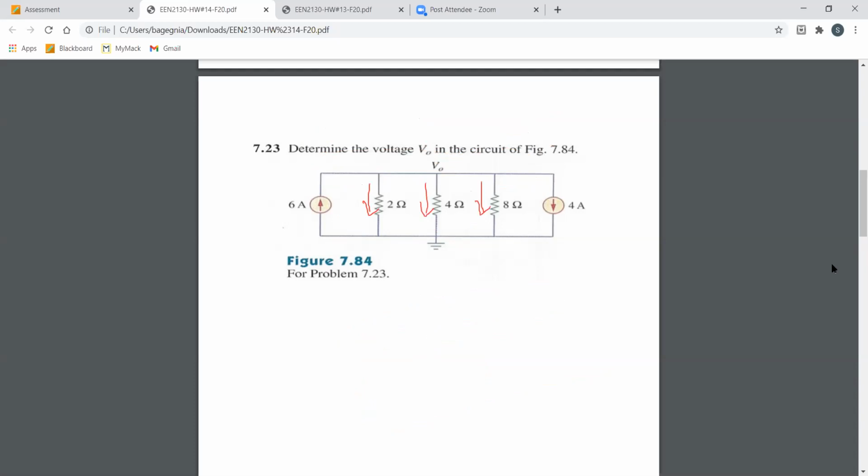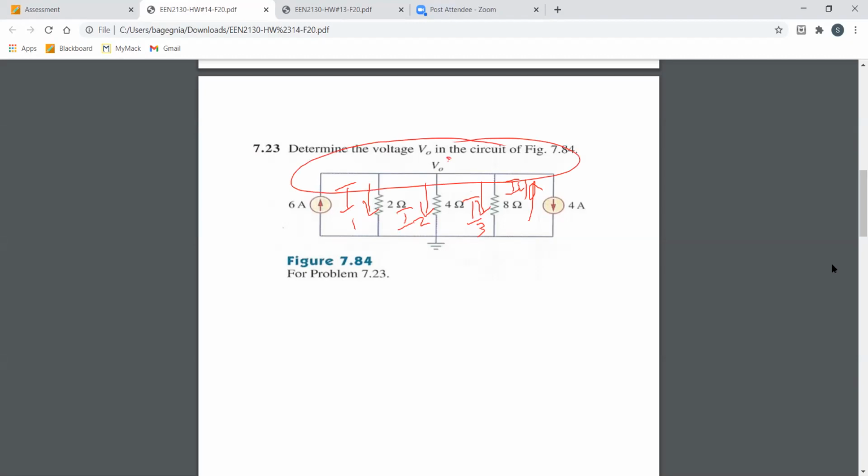There's no wrong in how you assign it, but you have to be careful when you write down the I1 or I2. Let's do I1, I2, I3, and let's assign I4 goes to the top. Now we need to apply the KCL at node V0, which is this node here.